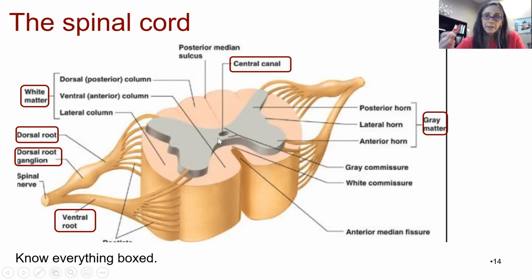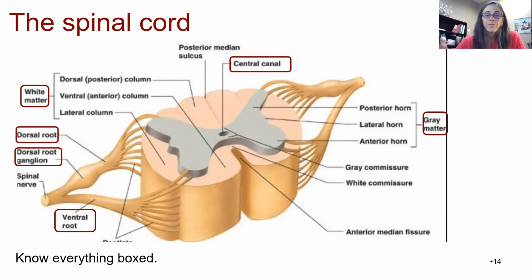So what's important on this diagram? You need to figure out which part is the anterior portion of the spinal cord and which part is the posterior portion. That is a must, because otherwise you're going to get the horns, the parts all confused.